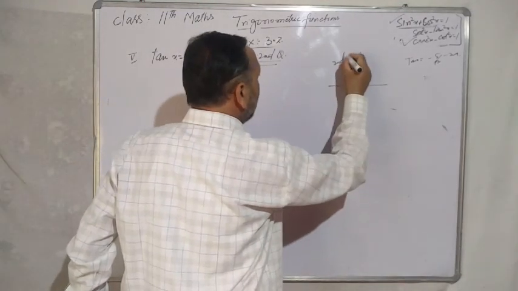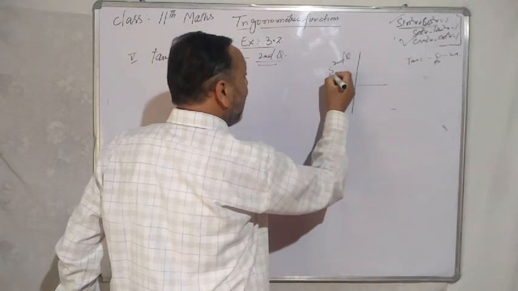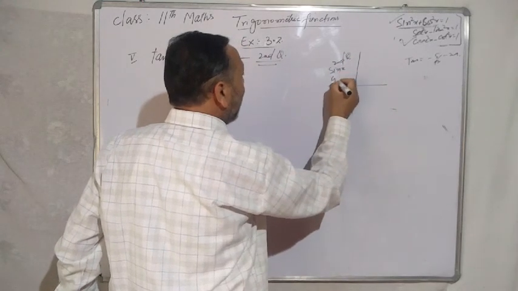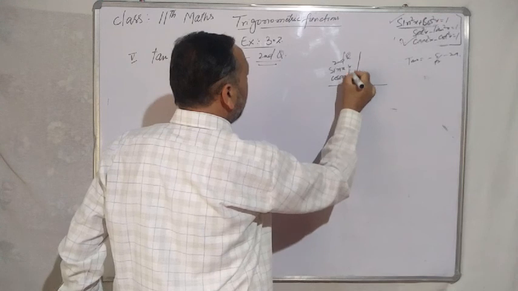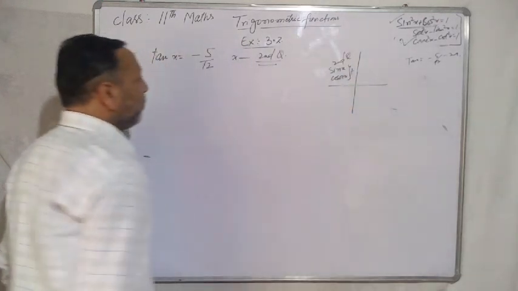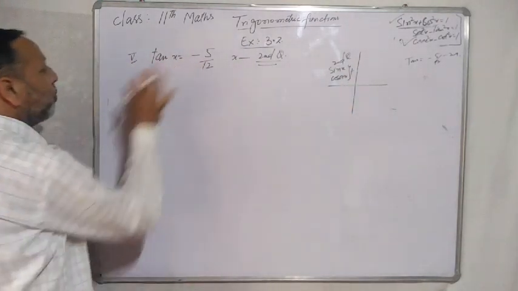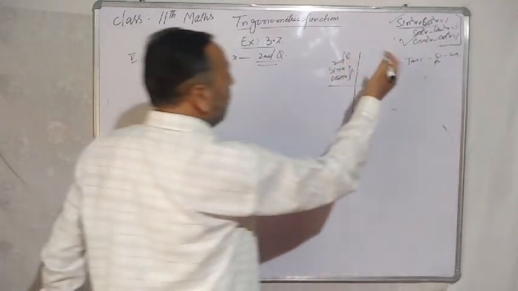This is the second quadrant. Only sine x and cosec x will be positive, others will be negative. Now tan x we know, we can find the other trigonometric ratios.